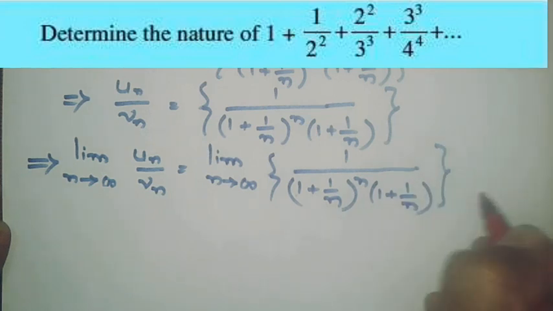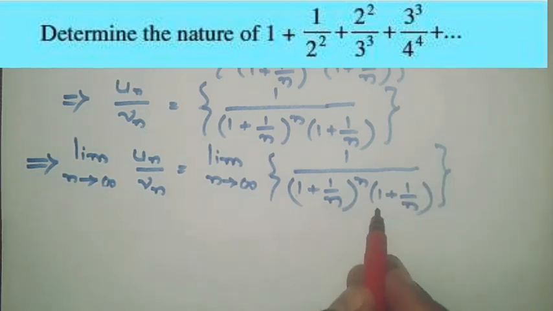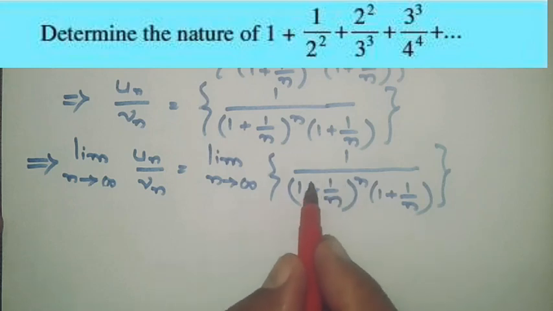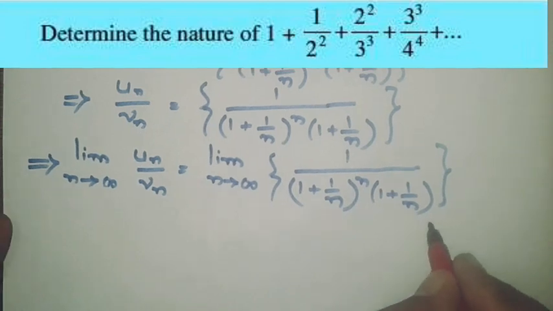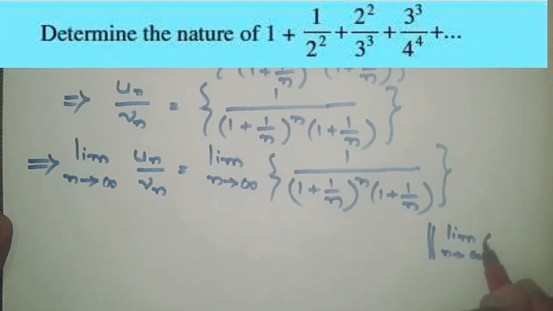Now we are looking at the terms which are in the denominator of the right hand side. We can take the limit onto this term, and onto this term. So we have one important thing, that is the limit as n tending towards infinity of (1 plus 1 by n) whole to the power of n is equal to e, whose value is 2.71828, an irrational number.